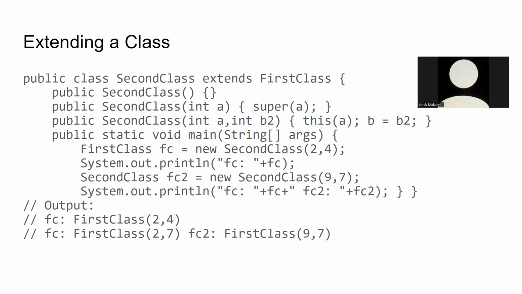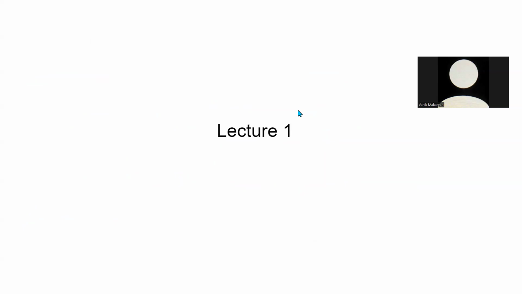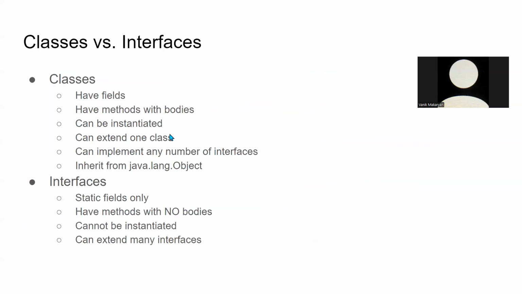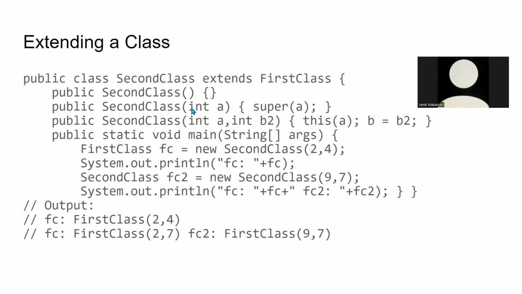Yeah, sure. So keyword this with parentheses here is invoking a constructor on the same class. So this A is invoking this constructor. This constructor is in turn using super, and super is invoking this constructor. All right. If you use this or super in this way, it must be the first thing in your constructor.